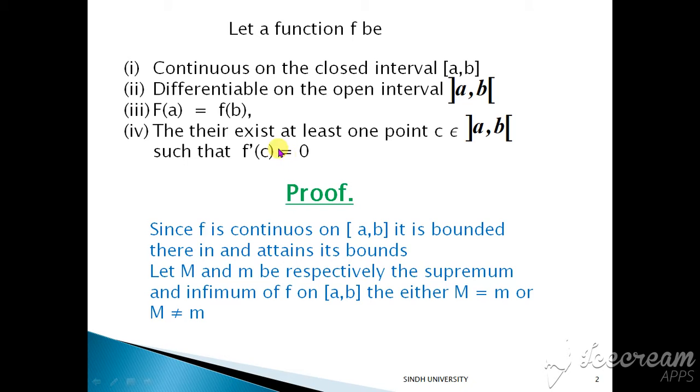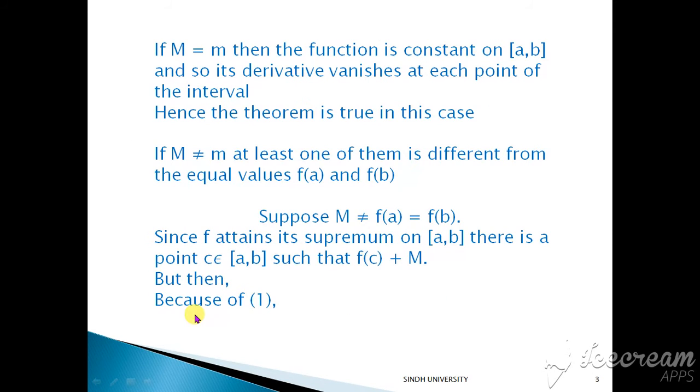Proof: since f is continuous on [a, b], it is bounded therein and attains its bounds. Let m and M, small m and large M, be respectively the infimum and supremum, meaning lower bound and upper bound, of f on the interval [a, b]. Then either M is equal to m or M is not equal to m.